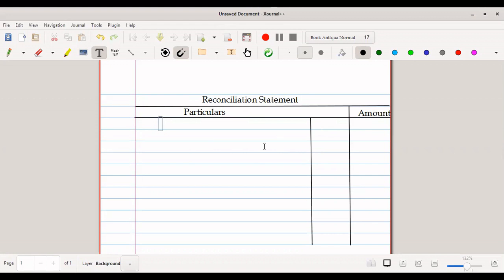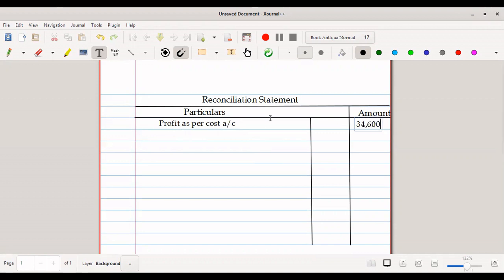Profit as per cost accounts. So what's the amount given in the problem? It's 34,600.